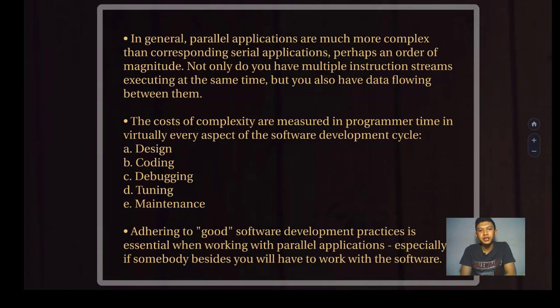The costs of complexity are measured in programmer time in virtually every aspect of the software development cycle: A, design; B, coding; C, debugging; D, tuning; E, maintenance. Adhering to good software development practices is essential when working with parallel applications, especially if somebody besides you will have to work with the software.